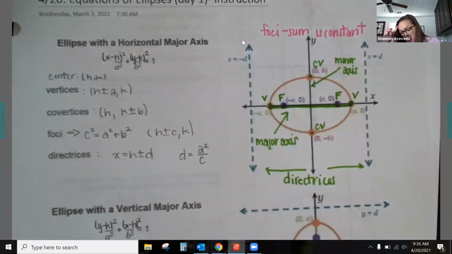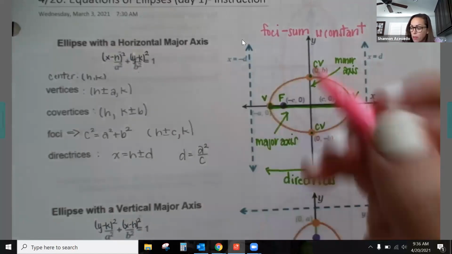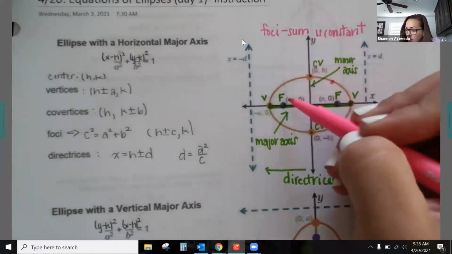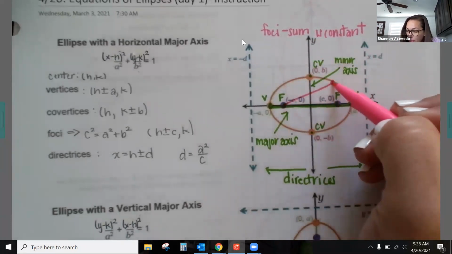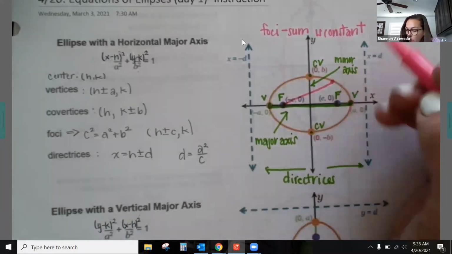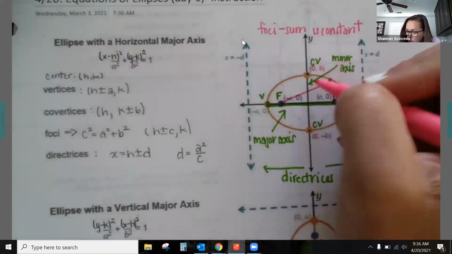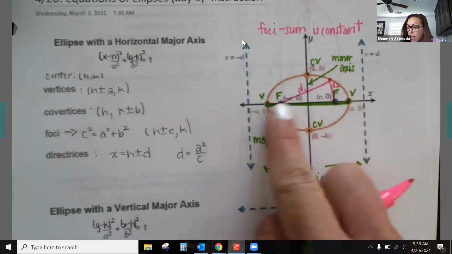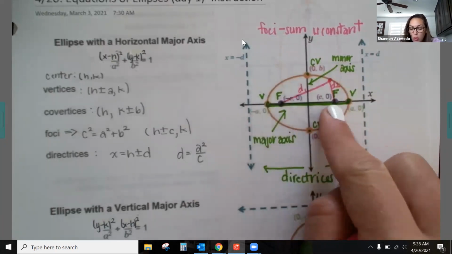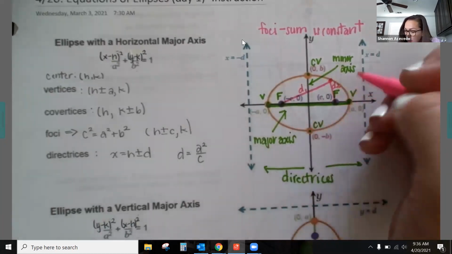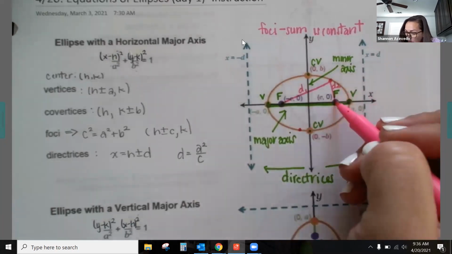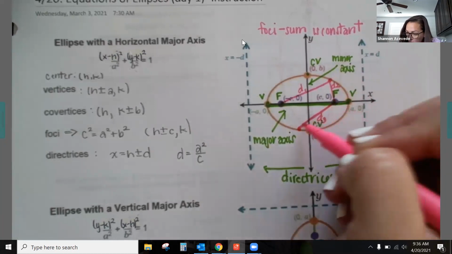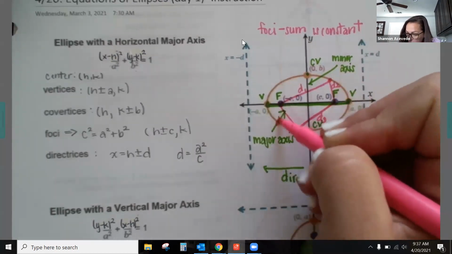What I mean by a sum that is constant is this: if I have some point here on my ellipse, then the distance from my foci to that point and to my other foci, say this is D1 and this is D2, the sum of D1 and D2 is always going to be the same as if I pick another point over here and say this is D3 and I add D4.